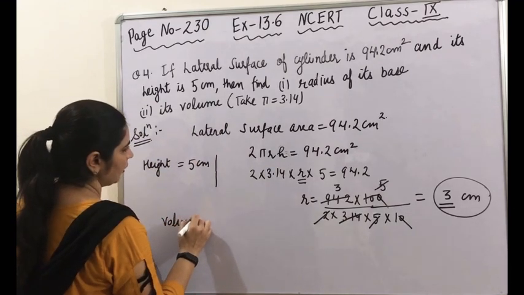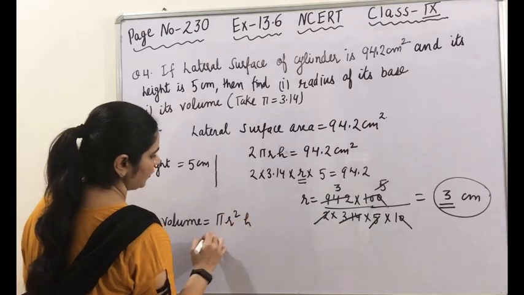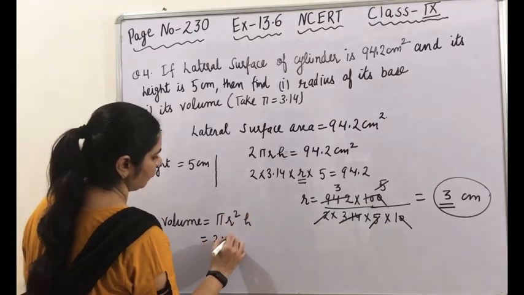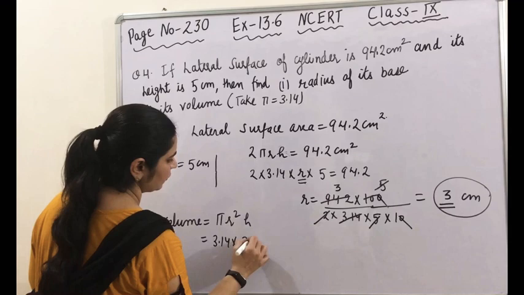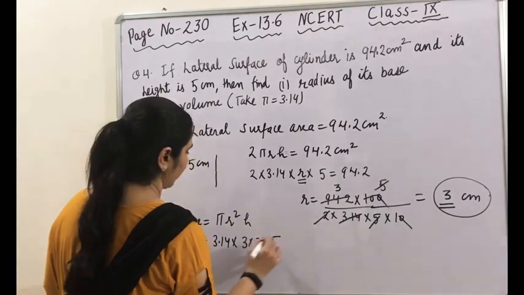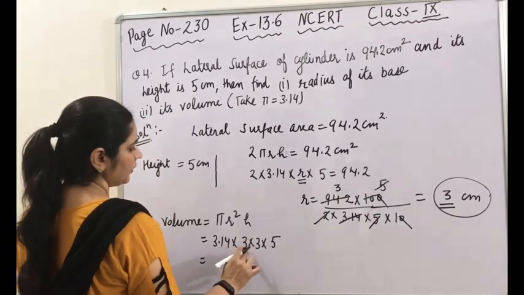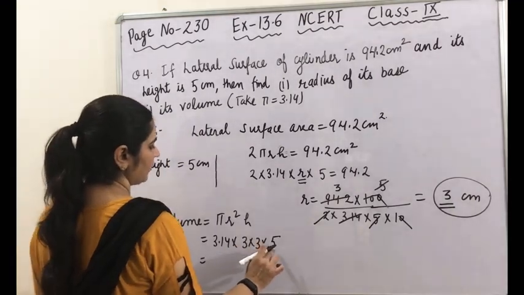Now we have to find out the volume. Apply the formula of the volume, which is pi r square h. Pi is 3.14, r is 3, h is here 5. Here 3 3s are 9, 9 5s are 45.